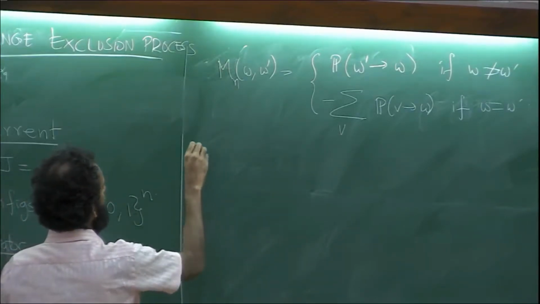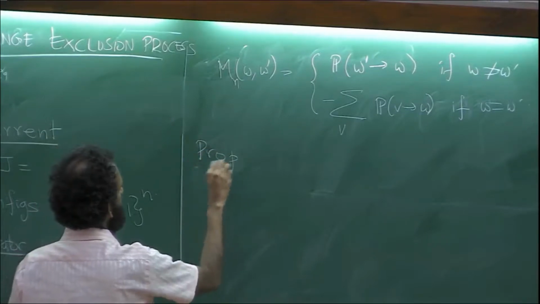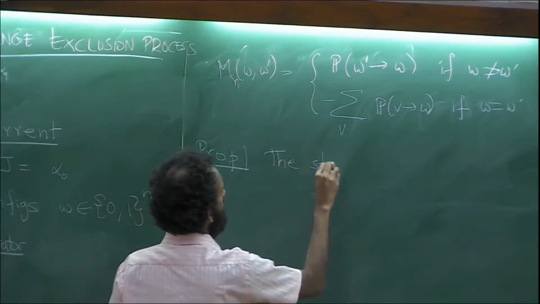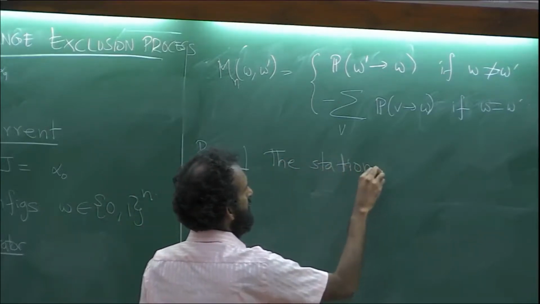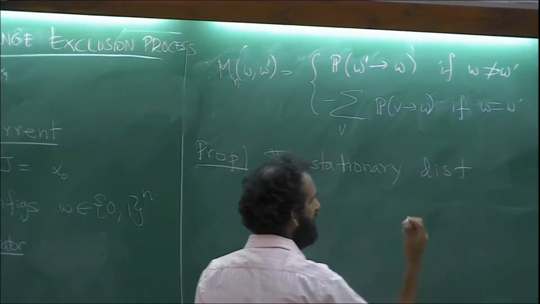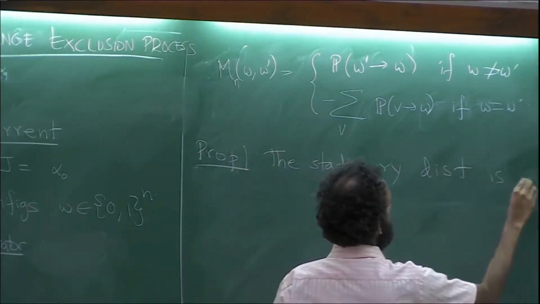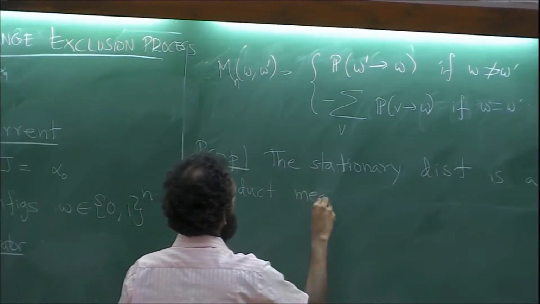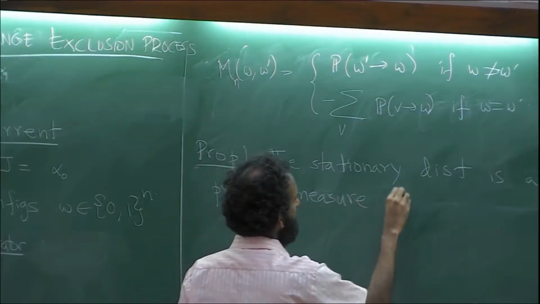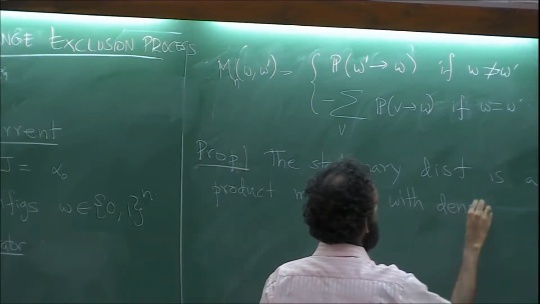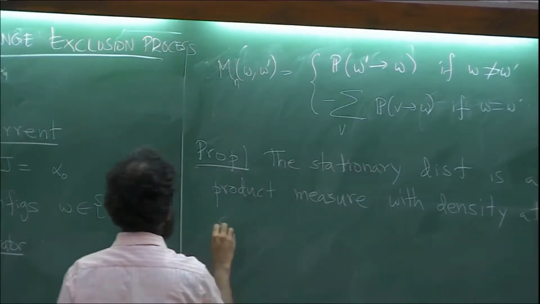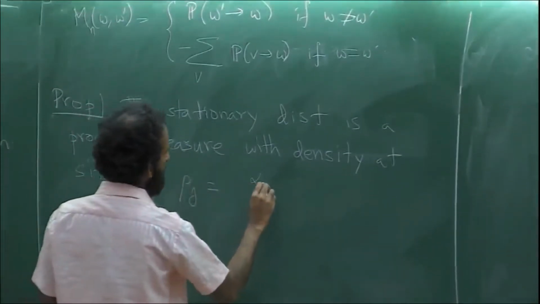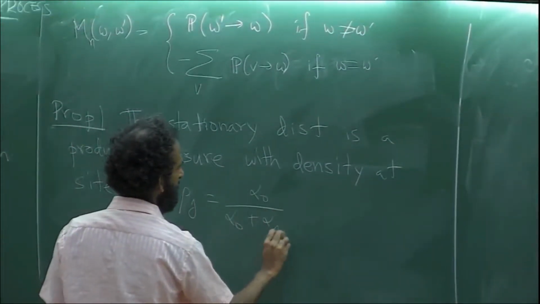So the first result, which is kind of easy, is that the stationary distribution, it's not immediate maybe from the dynamics, is a product measure with density at site j, rho j, given by alpha naught plus alpha j.